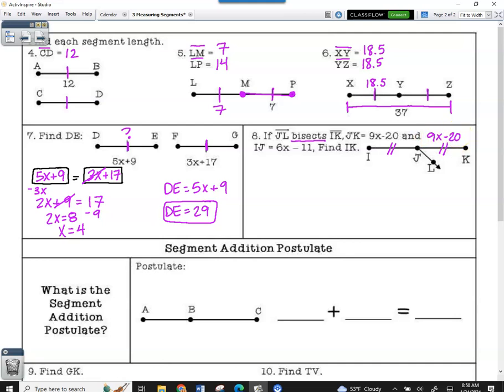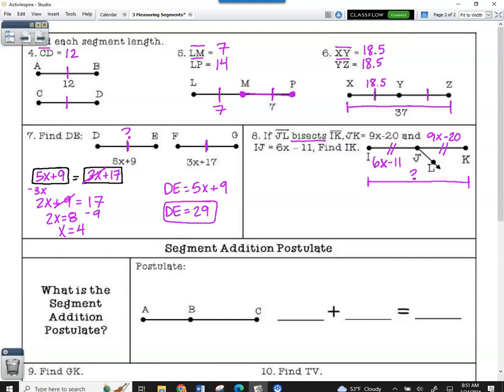And it says IJ is 6x minus 11. I'm going to label that there. And then it asks for the length of IK. So I'm going to do something very similar to number 6. I'm going to draw a line from here to here and put a question mark to let me know, okay, the goal is the whole thing, I all the way to K.